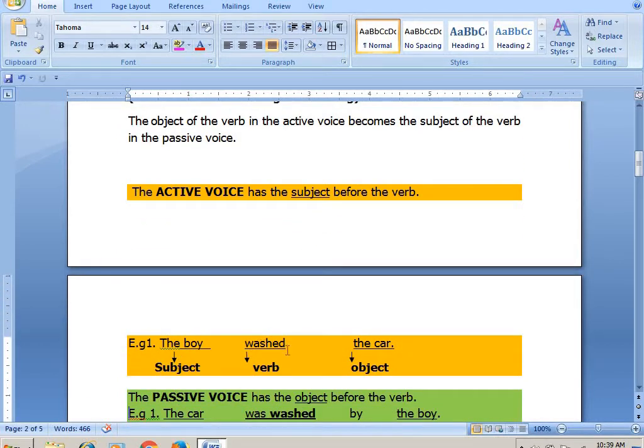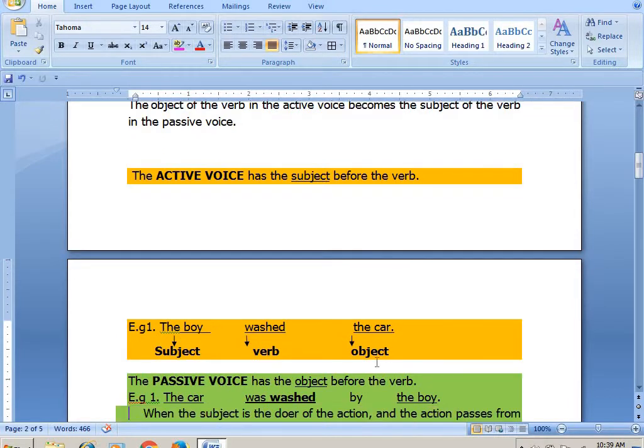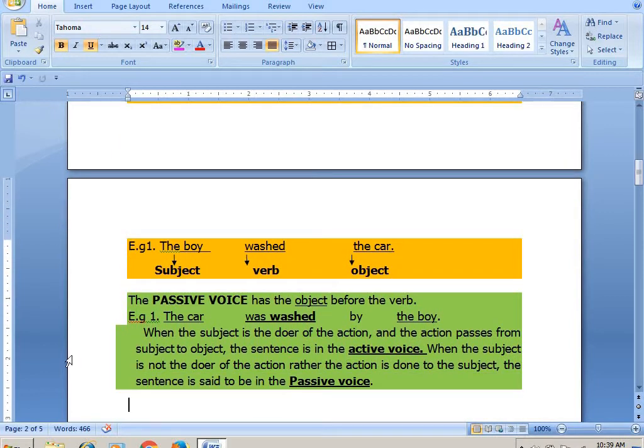The boy washed the car. What is the subject? The boy. Washed is the verb and the car is the object. Look here now. The passive voice has the object before the verb. The car was washed by the boy. The car, which was the object, becomes the subject. Wash remains in its place, but the subject becomes the object.